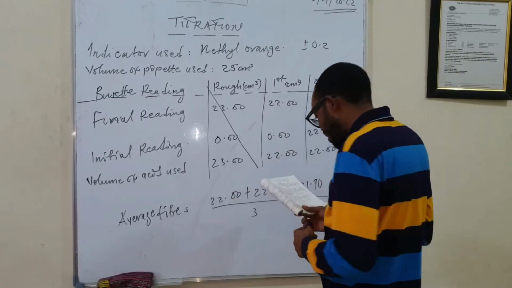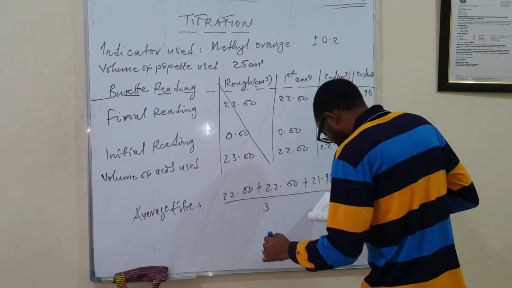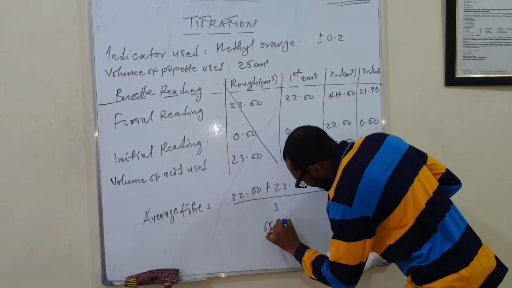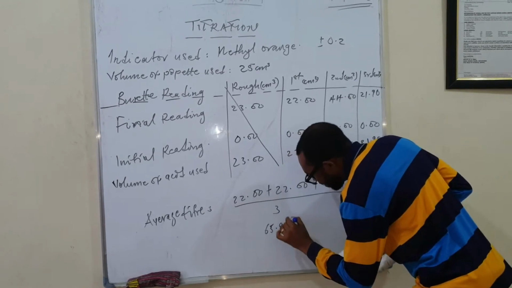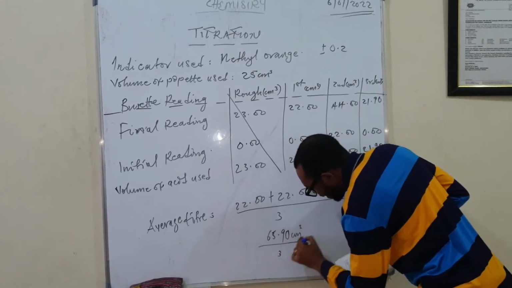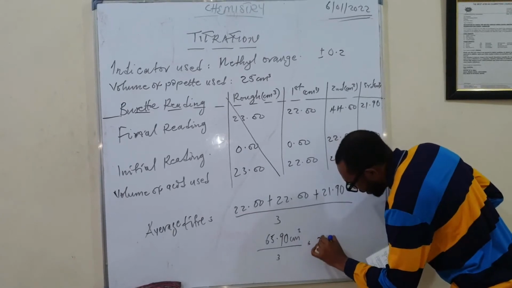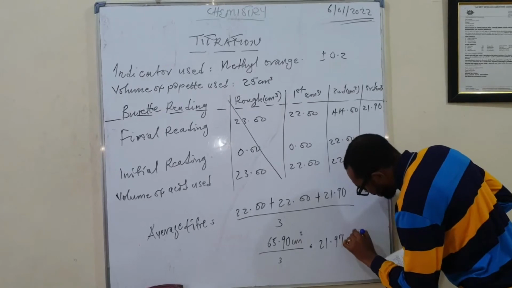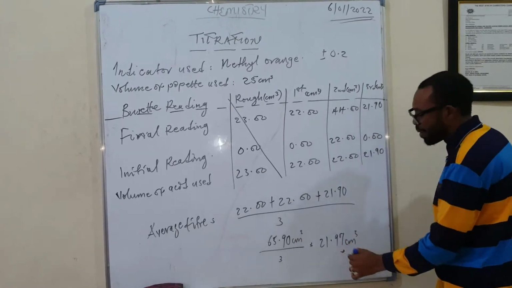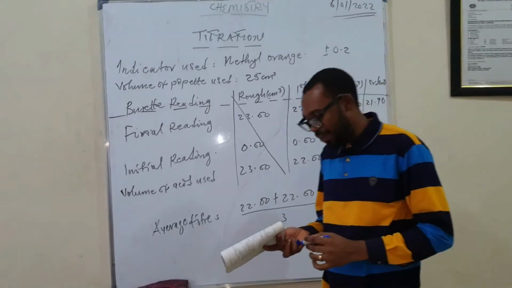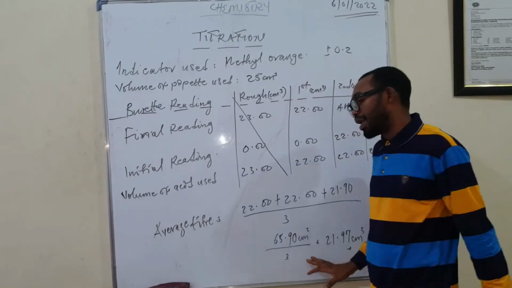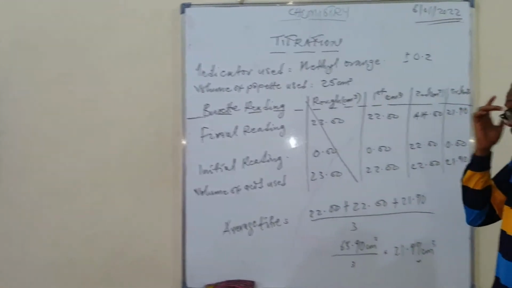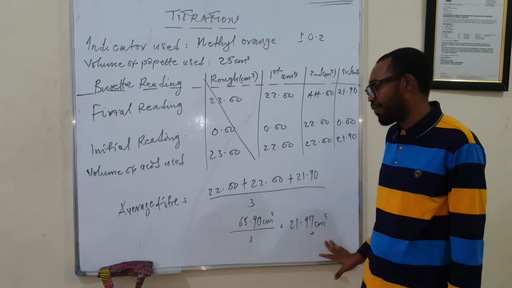So if you sum these, you have 65.90 cm³ over 3, which is the same thing as 21.97 cm³. So this becomes the average titer, which is the volume of the acid. You are going to invoke the formula very soon, which uses the volume of the acid.